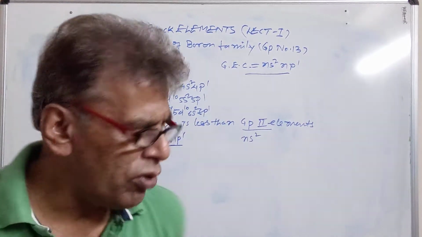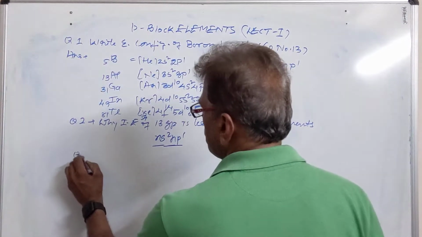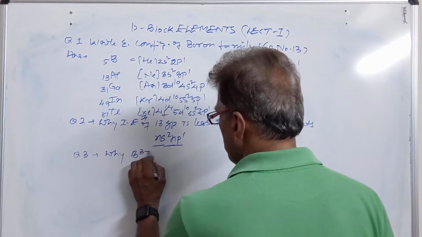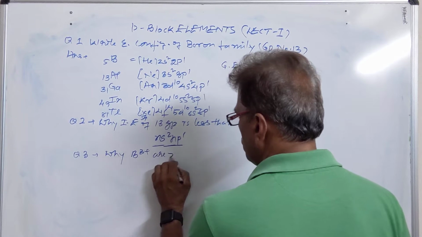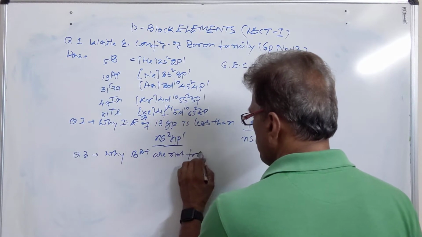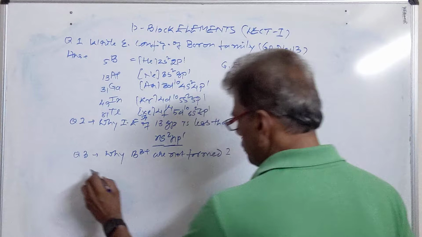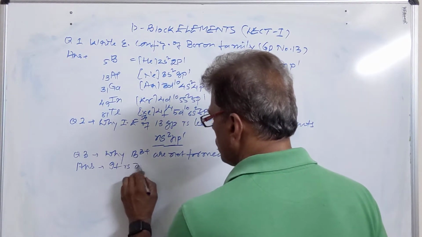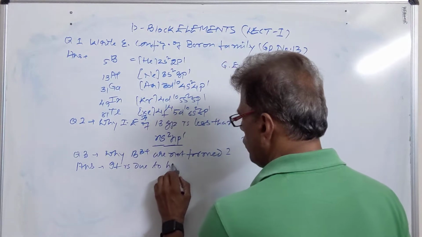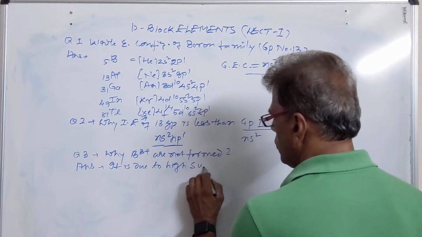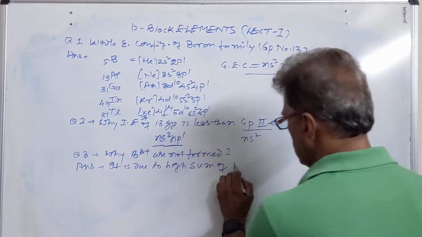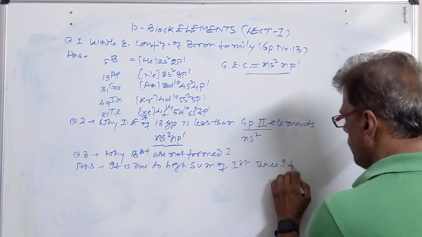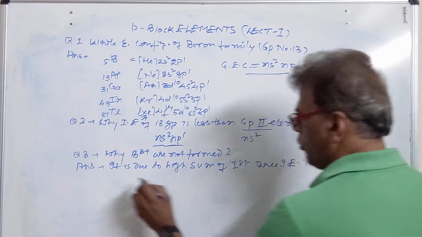Then we have: why does boron not form tri-positive ion? B3+ ions are not formed. Answer: it is due to the high sum of the first 3 ionization energies in the case of boron.